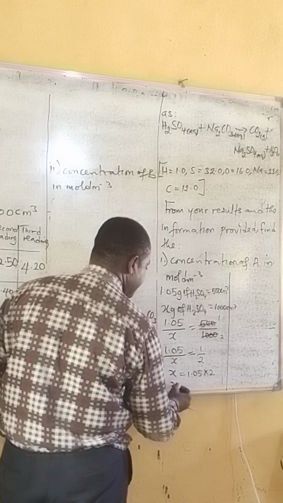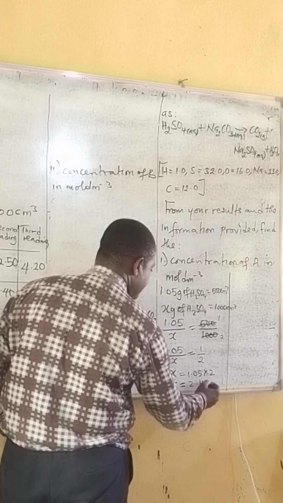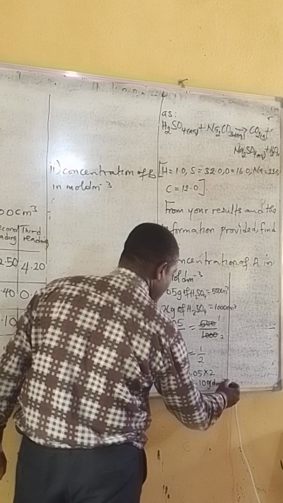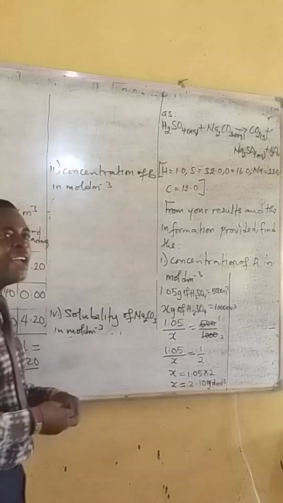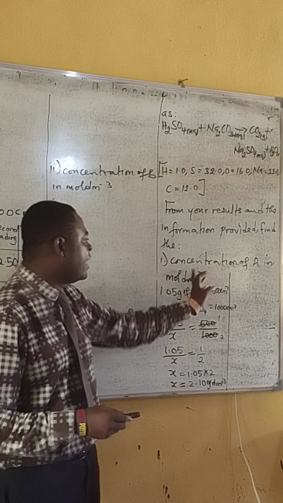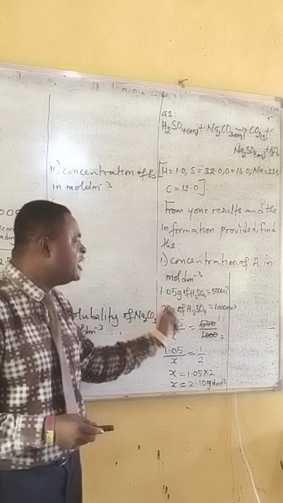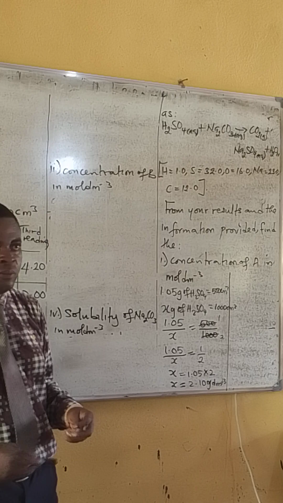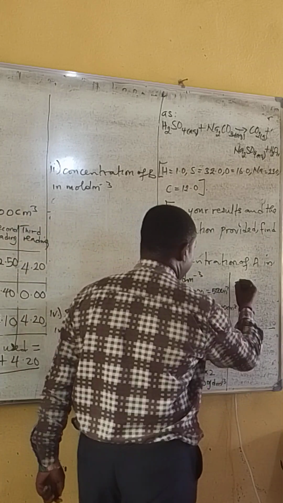So our answer should give us 2.10, and now is what? Gram per dm3. The question did not ask us to find concentration in gram per dm3, but it just asked us to find concentration in mole per dm3. But you need the concentration in gram per dm3 to be able to find concentration in mole per dm3. And that is why you are going to use this formula.